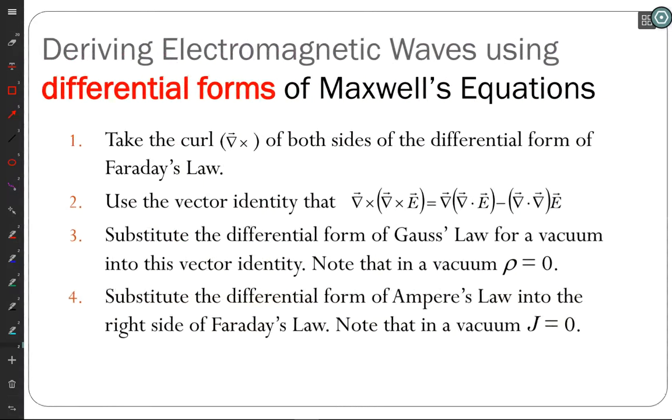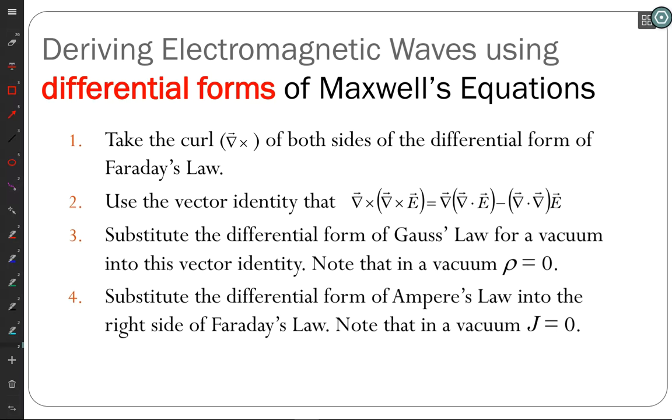So here is the list of steps to go through and do the work that Maxwell did to show that these equations will give you an electromagnetic wave. I'm going to go back to the previous slide and work my way through the derivation.